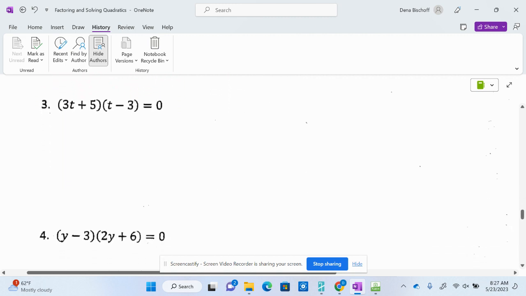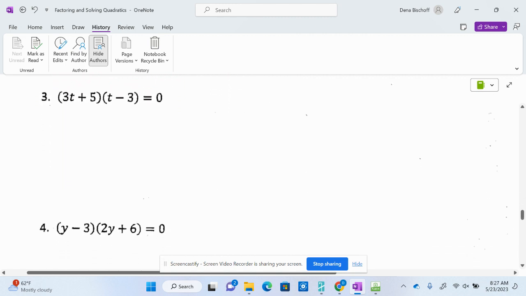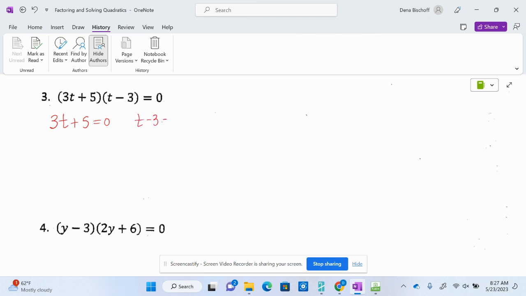So let's do number 3. So 3t plus 5 equals 0, or t minus 3 equals 0. So how am I going to get the first one all by itself? How do I get t all by itself? First, I'm going to subtract 5 from both sides.